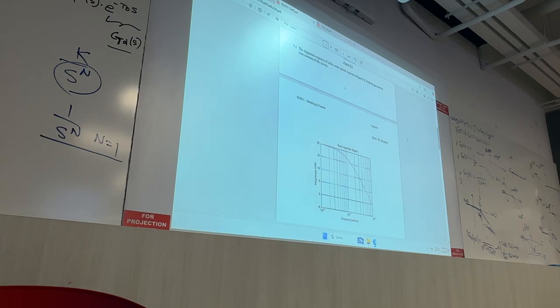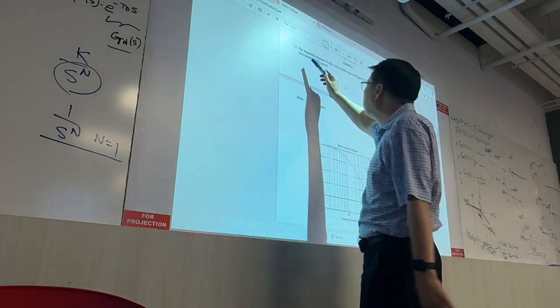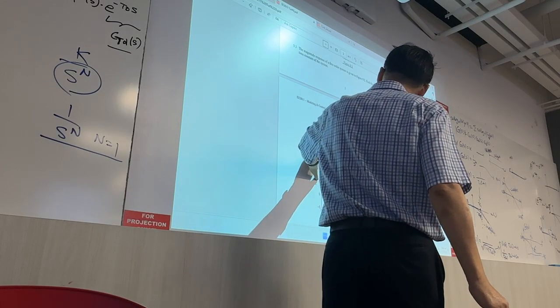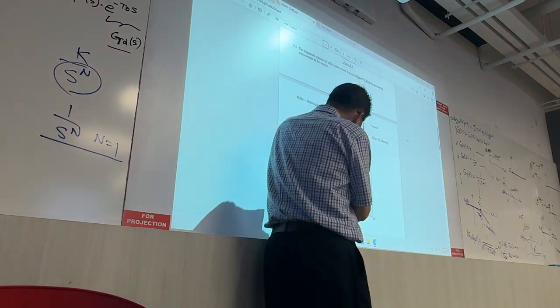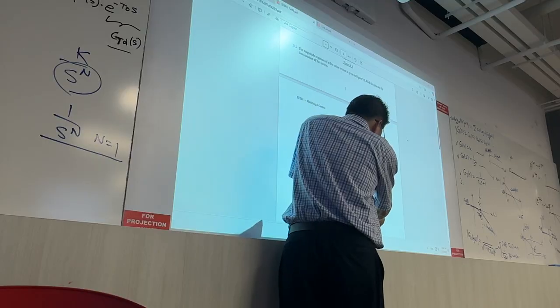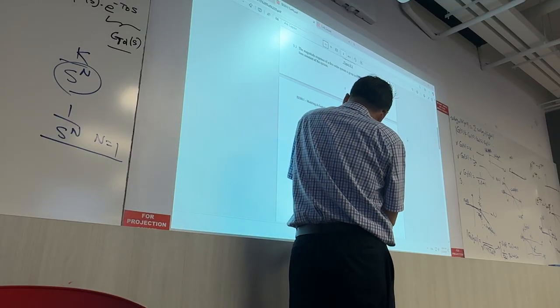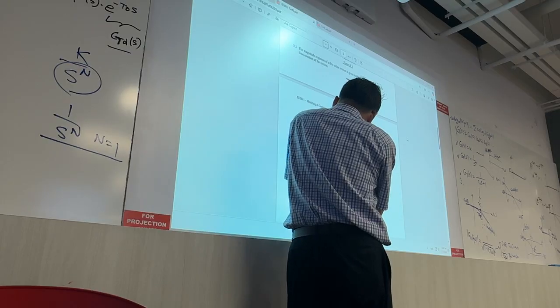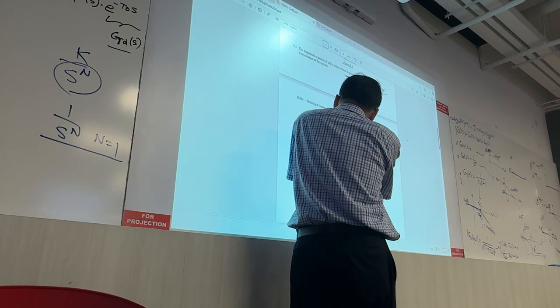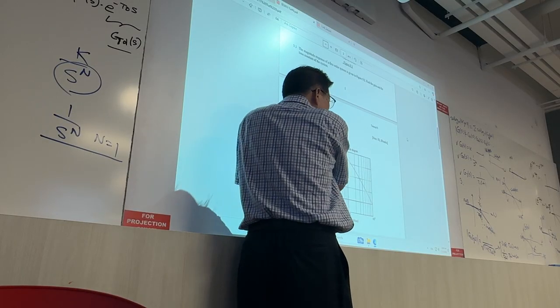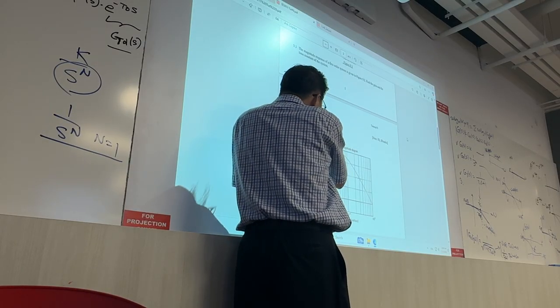Okay, for 9.3, we are given this Bode plot. This is 0.01, this is 0.1, and this is 1 radians per second. Vertically, it's 0 dB, 5, 10, 15, 20. On the lower frequency, you can see it's a flat 20 decibels.